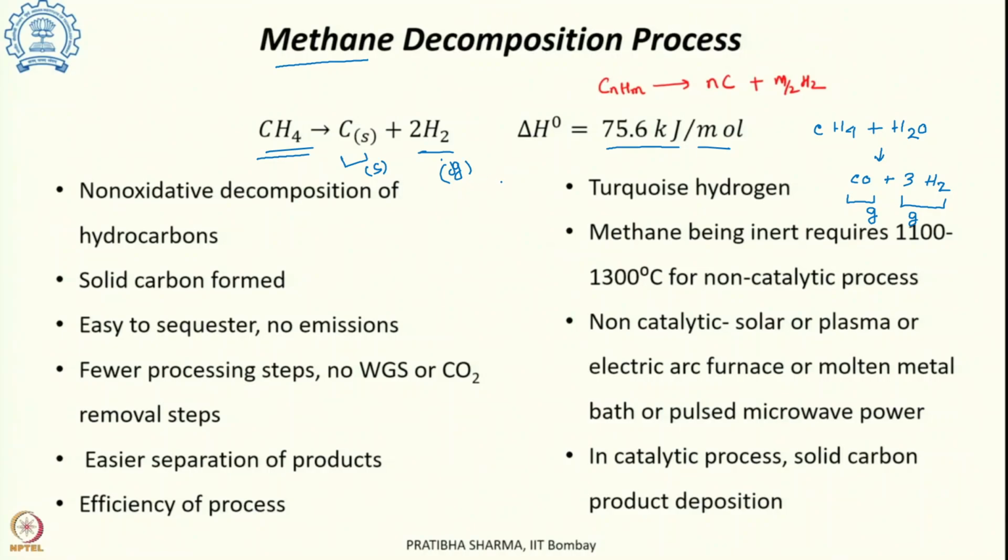Our main motive is to generate hydrogen gas. By decomposing methane, we can easily generate hydrogen gas and easily separate it from carbon, as the byproduct is carbon in solid form. We can separate hydrogen gas from solid easily. This is the main advantage of the methane decomposition process.